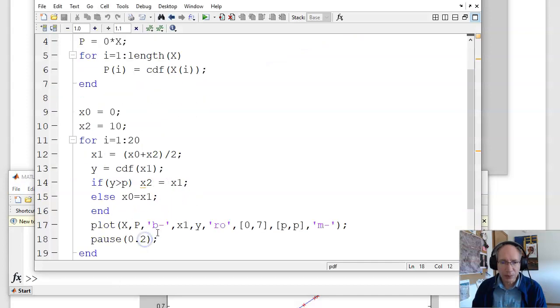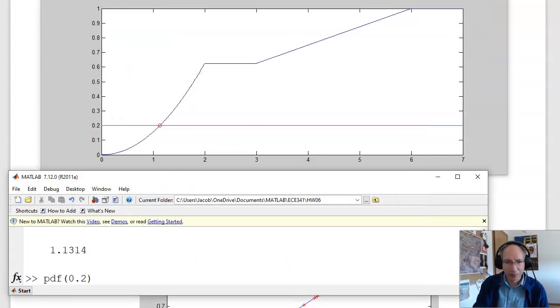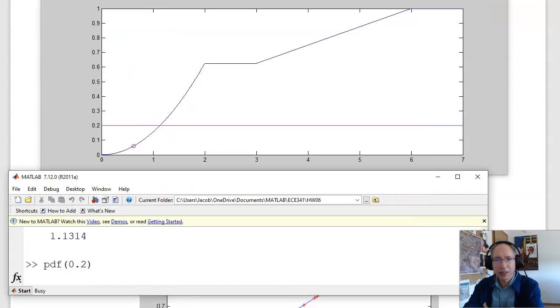So let's pause 1 second. This could be too long. 0.5 seconds. So I try 5, 2.5, 1.25, keep on dividing by 2, and eventually I iterate and find the solution.